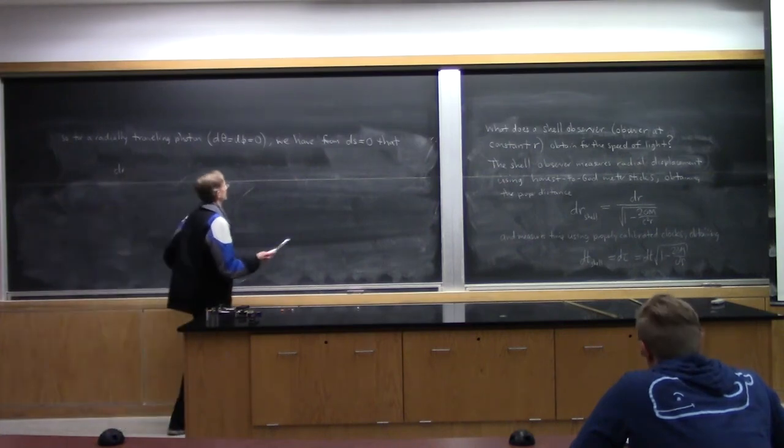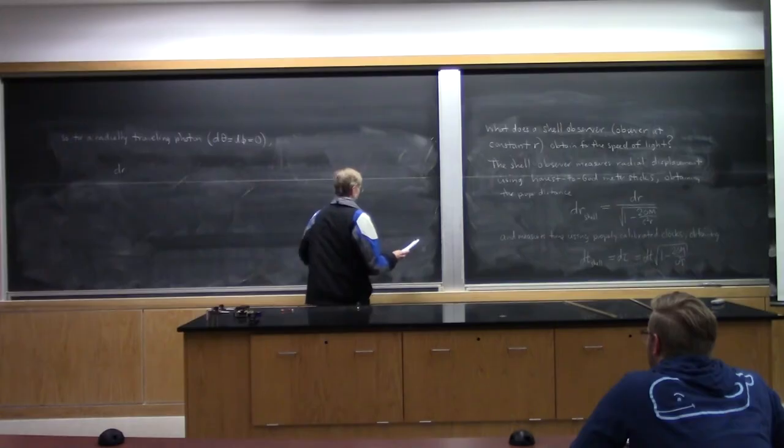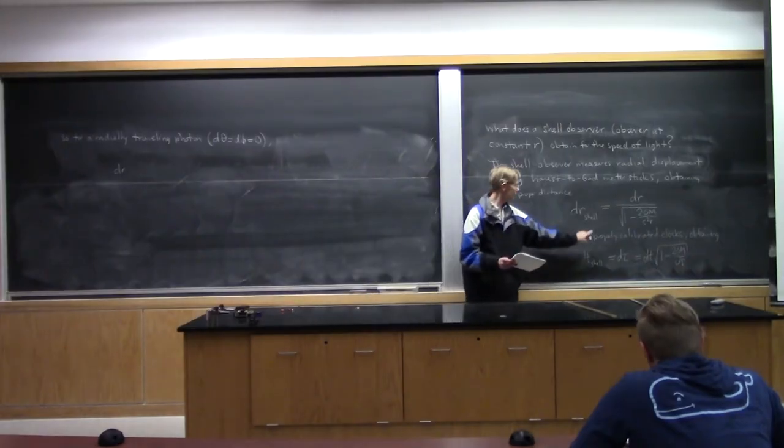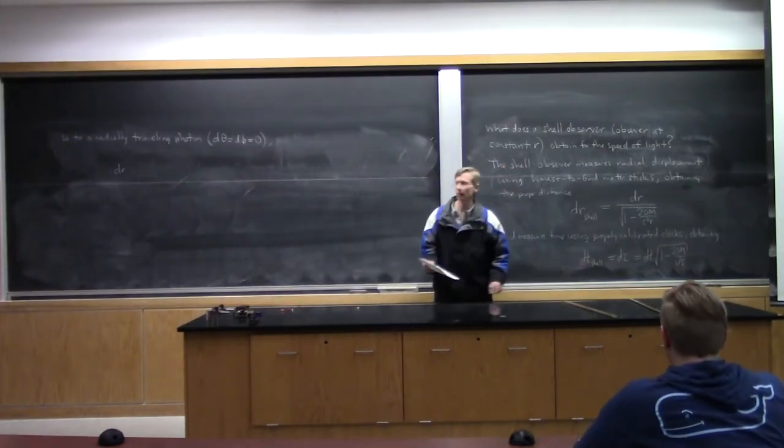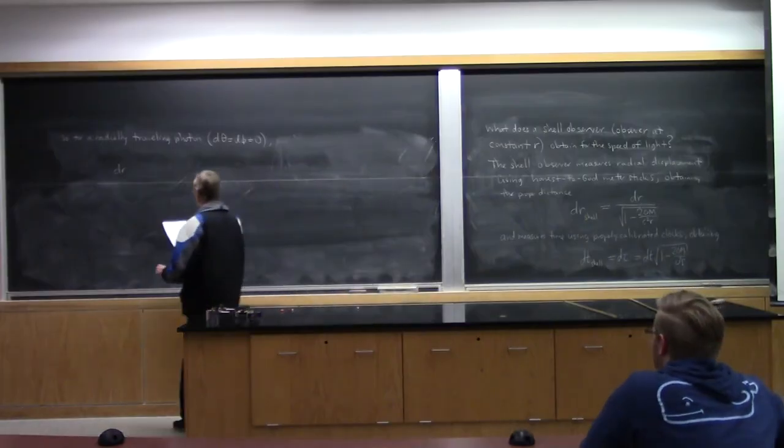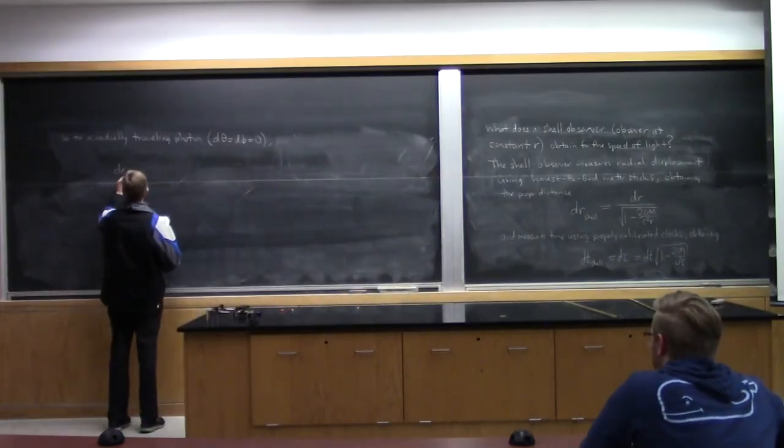Here's dr shell, here's dt shell. We're just going to divide them. We have dr shell over dt shell for the photon.